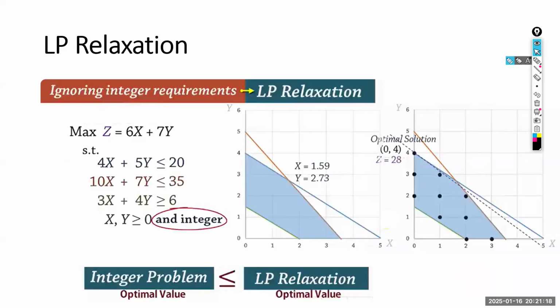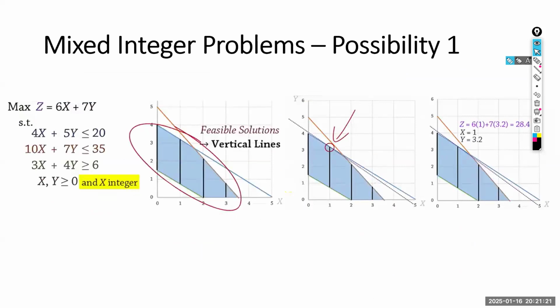And again, this is just for your information. Remember, there can be mixed integer problems. In a mixed integer problem, only one variable is an integer. For example, your x value must be an integer, but the y value can be non-integer. Or maybe your y value must be an integer and the x value can be anything. So those are mixed problems.